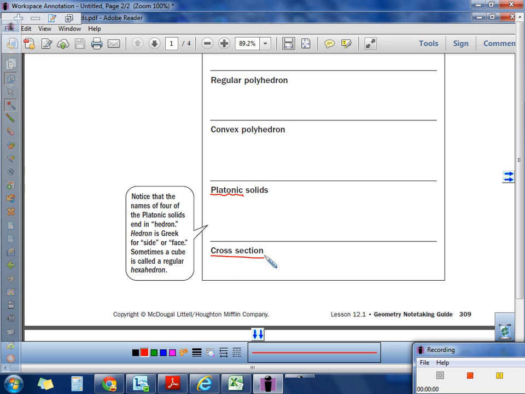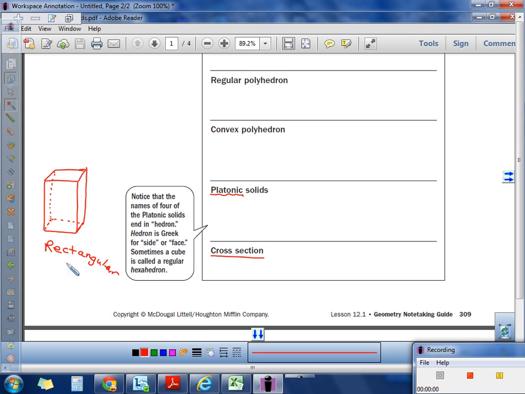The next thing is a cross-section. So, for example, if you have a shape that looks like this, does anybody know what that's called? You might want to sketch it. This is one you have to be able to identify. This is called a rectangular.